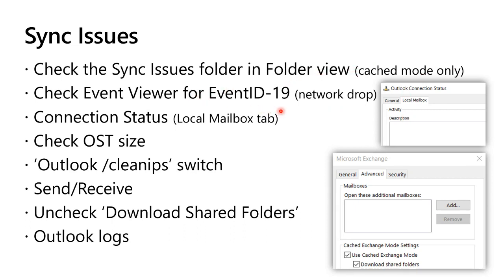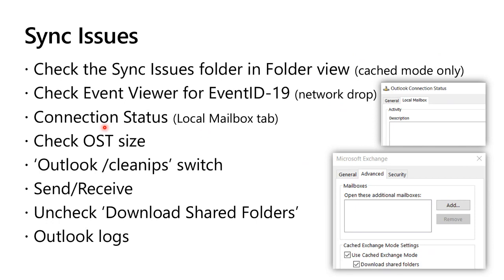Event ID 19 happens when there are RPC, remote procedure call, failures to mail servers, which may commonly be due to network drops. And the Connection Status window, as discussed on the previous slide, can be launched from the Outlook notification bar icon. It shows the Outlook connection to the respective endpoints, and we can check if there are any connection failures to those endpoints.